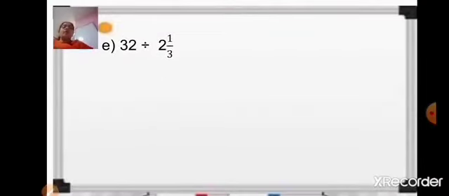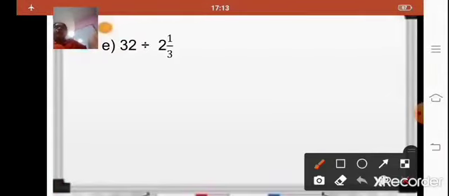Here you have to divide 32 by 2 whole 1 upon 3. Here it is a mixed fraction. So what do we have to do? We have to change it into an improper fraction. Correct? So first let me change this 2 whole 1 upon 3 into an improper fraction.